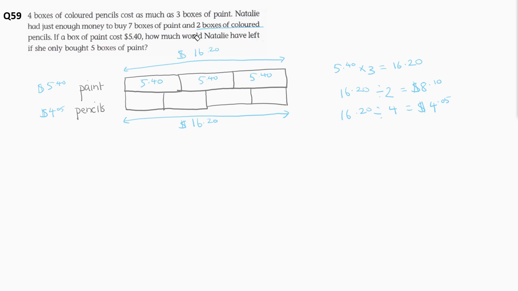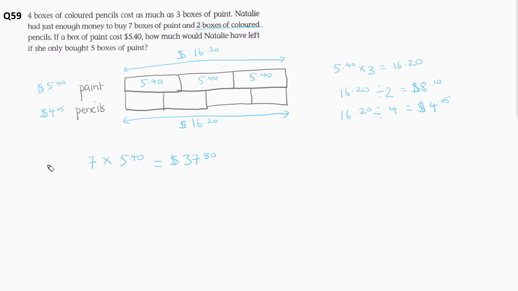How much would Natalie... So she could have bought 7 boxes of paint and 2 boxes of coloured pencils. So what would that have been? That's telling us how much money Natalie has. So we want to do 7 times the cost of a box of paint, which is 5.40. And that is going to give us 37.80.